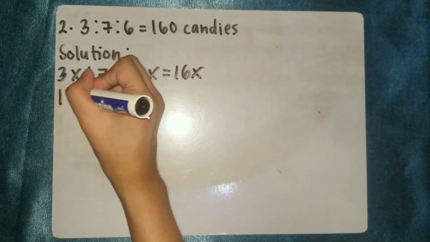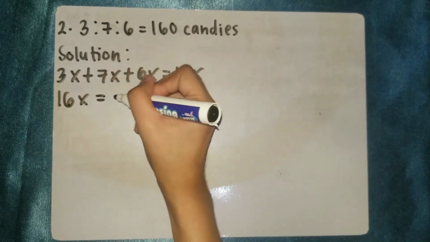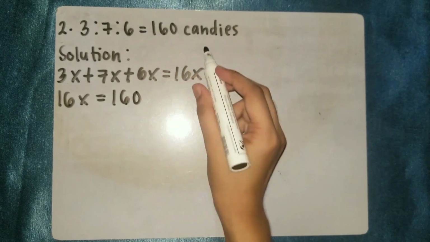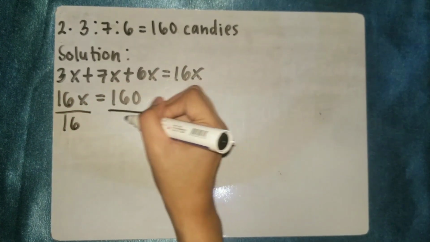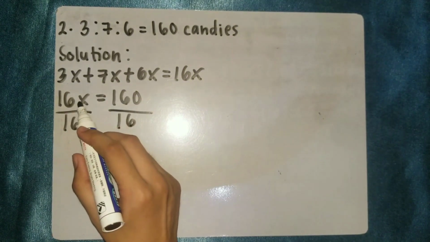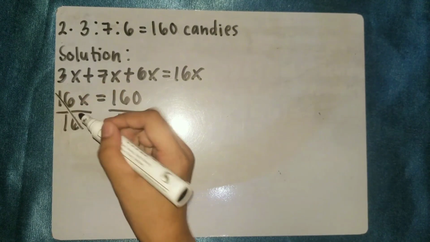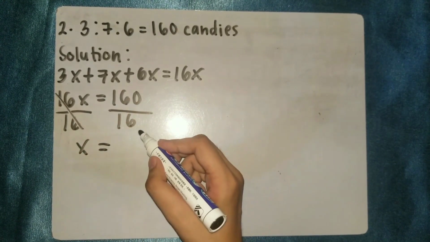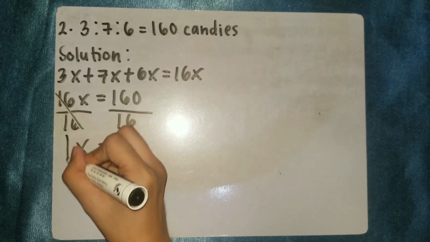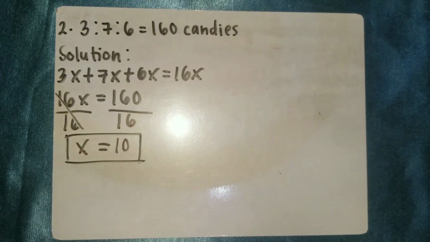Then next, 16x equal 160, which is galing dito. Then divide 16 by both sides. 16x divided by 16, cancel, then x. 160 divided by 16 equal 10. So 10 ang value ng ating x.